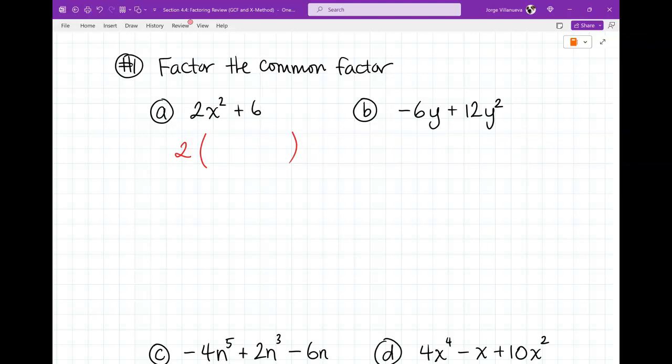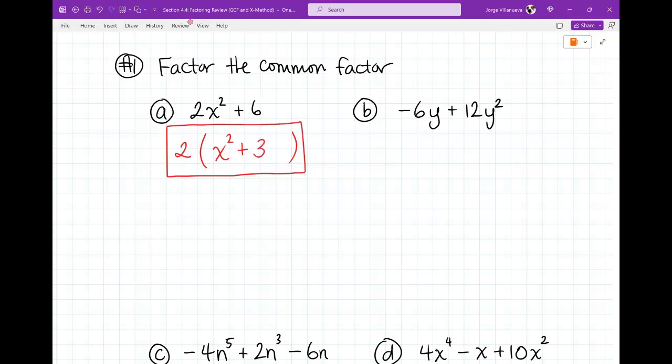Now, I have to fill in the parenthesis with whatever's left over. So if I get 2x squared and I factor out a 2, what's left? Just x squared. If I get a 6 and I factor out a 2, in other words, I divide a 2 out of it, what do I have left? A 3, and that's it, okay?